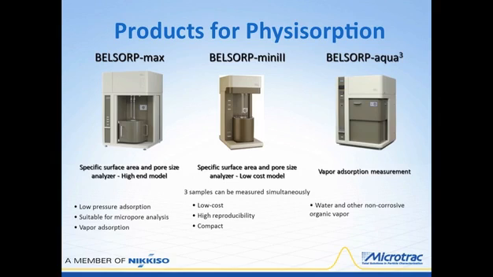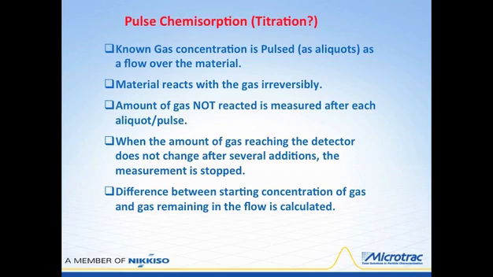Well, I mentioned to you chemisorption as well as adsorption. Well, chemisorption is very similar to doing a titration in solutions. If you were to have a solution that has a pH of 10 and you wanted to see what the titration curve would look like, you would start to add a quantity of acid of a known concentration.